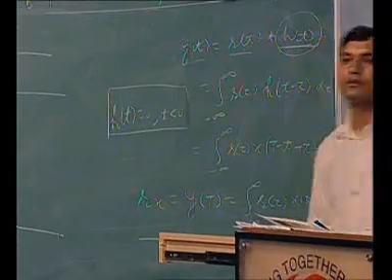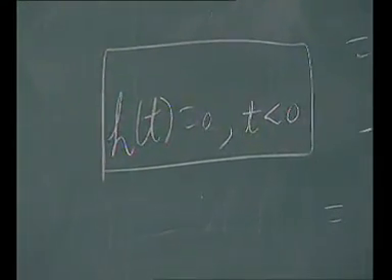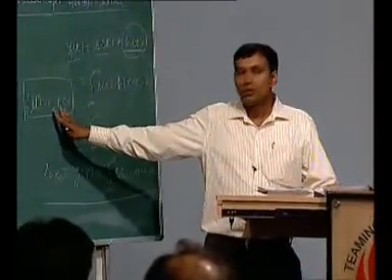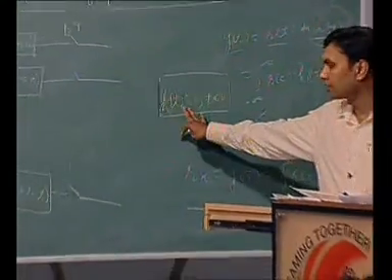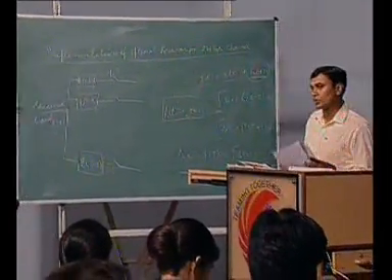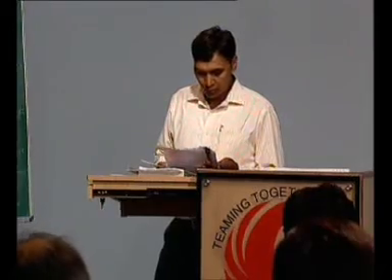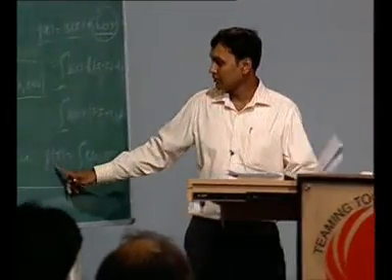I think this is what we call the causal function. Now this filter must be causal, and the condition is that while we are talking about the time before 0, its value must be 0. Now in this case the impulse response is 0. Now how to calculate this value, number 1, which is yt.